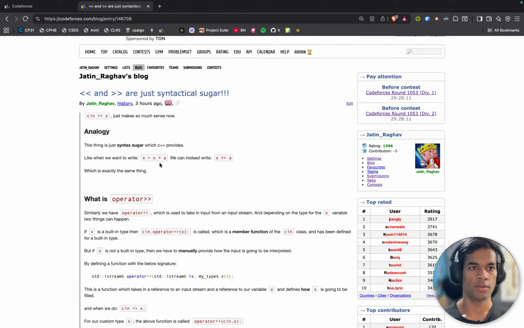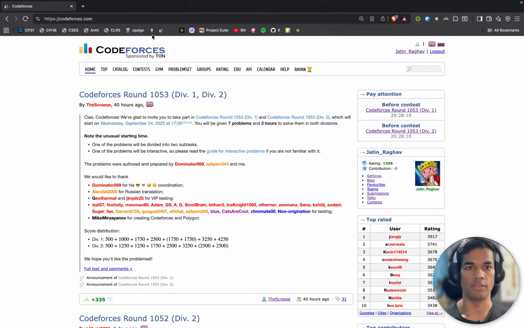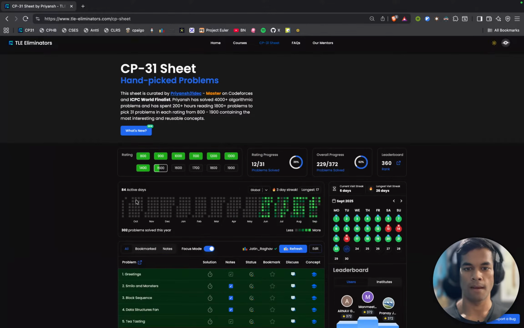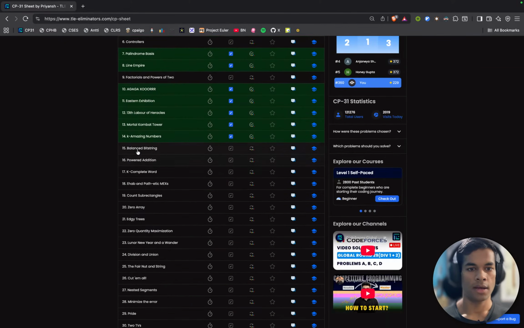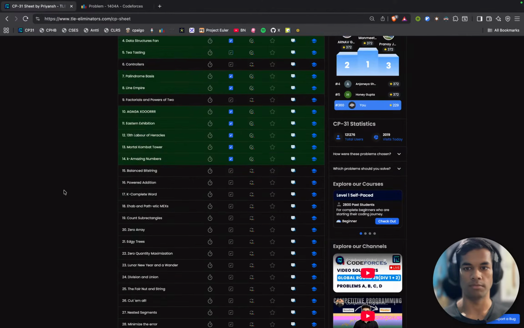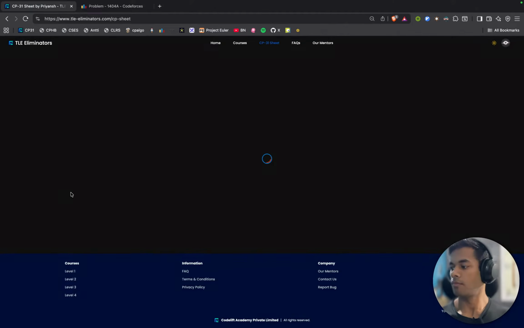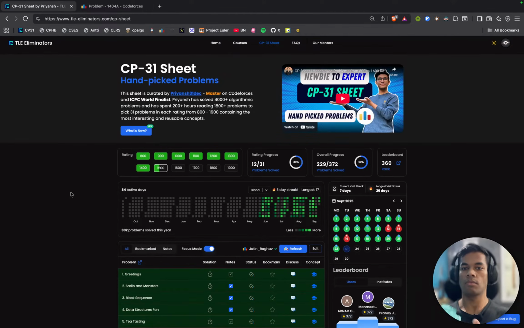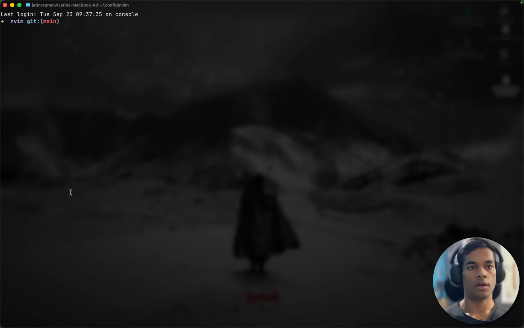Anyways, we can start solving the CP31 sheet, which is the main thing. Balancing bit string. Okay, cool. Wait, why am I in new vim config?